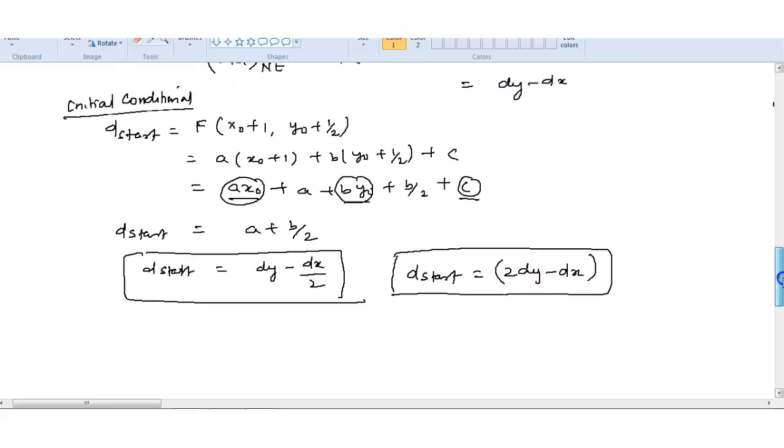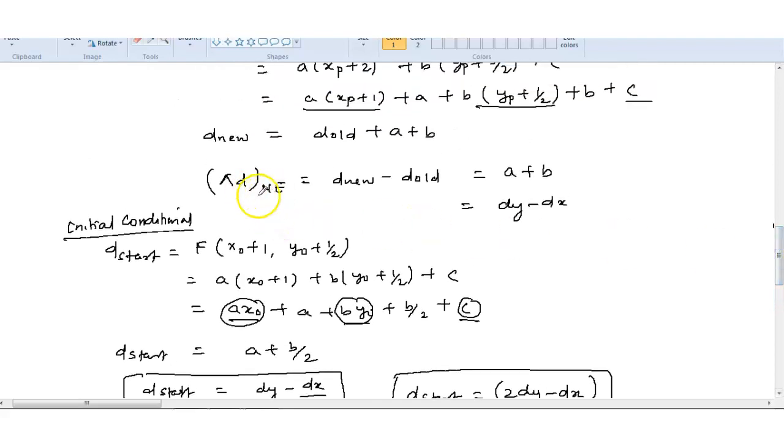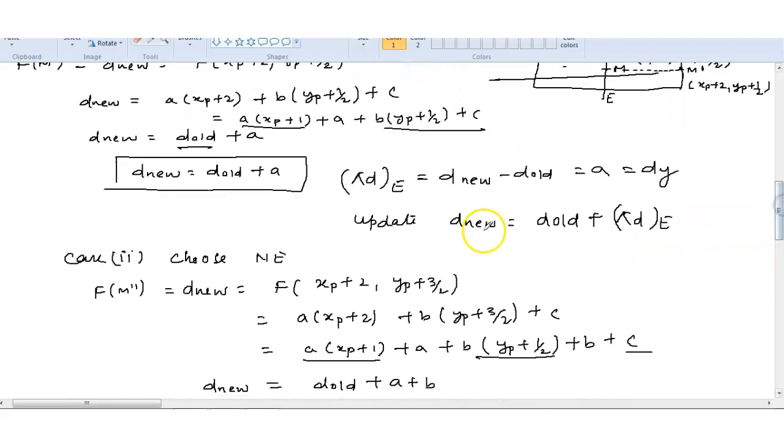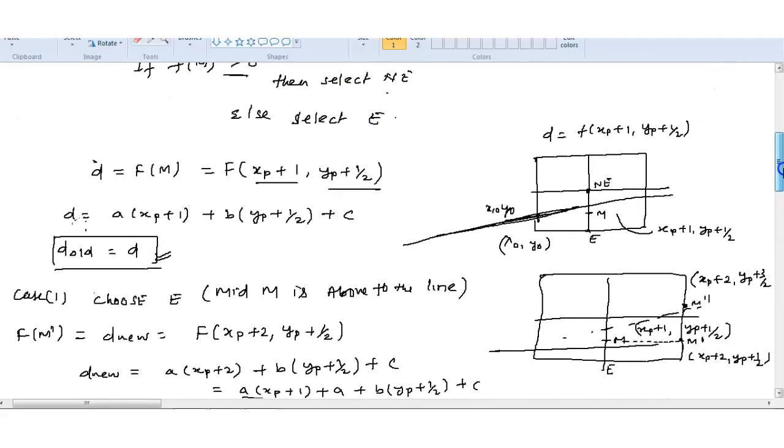So everywhere this 2 will multiply. So d of northeast becomes 2 times dy minus dx, and similarly for the east side it becomes 2 into dy. So this is the midpoint criteria.